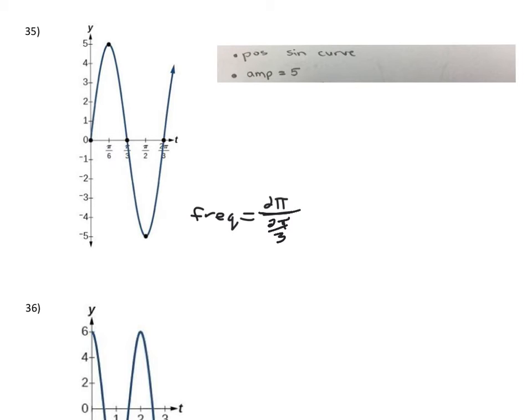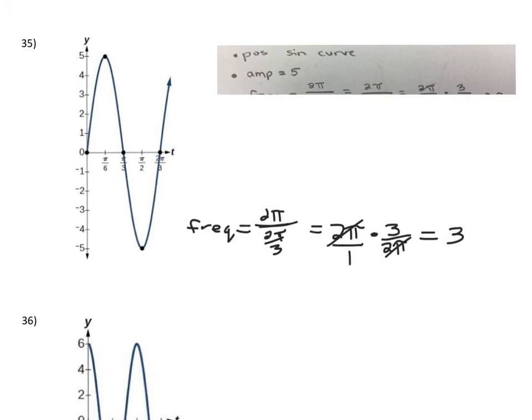Okay, now, because we're doing division and there's a fraction involved, we're going to do keep, change, flip. So we're going to keep the 2 pi, we're going to change division to multiplication, and we're going to flip so that we have 3 over 2 pi. Okay, this actually isn't bad because the 2 pi on top cancels with the 2 pi on bottom, and it leaves us with a frequency of 3.